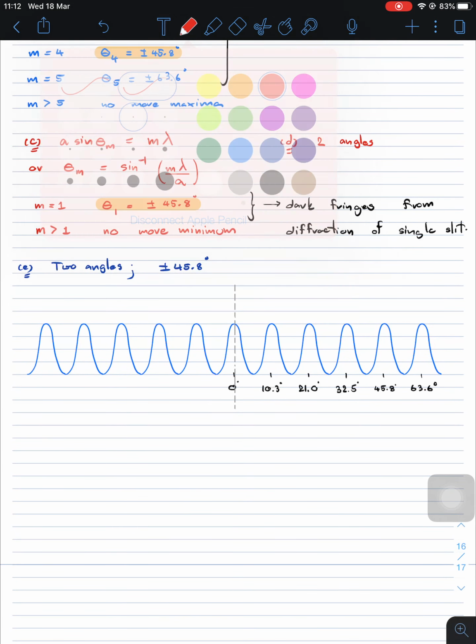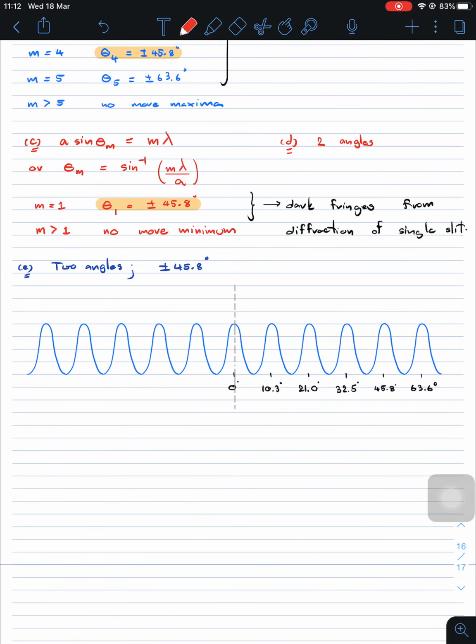Then it's just going to look like this position and this position is going to be the 45.8 degrees. So it will look like this one.